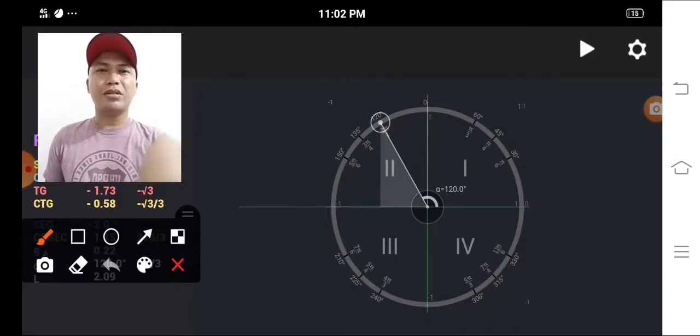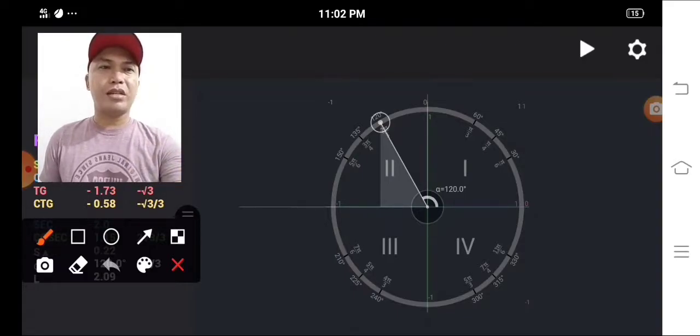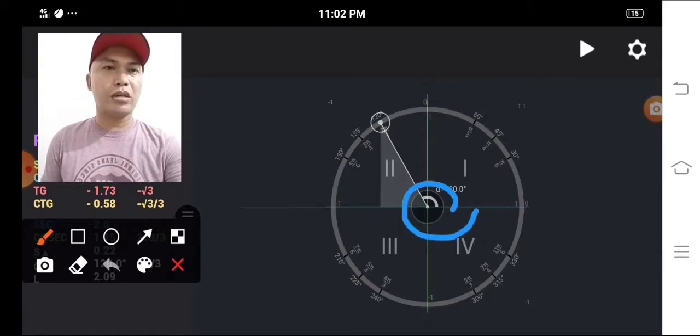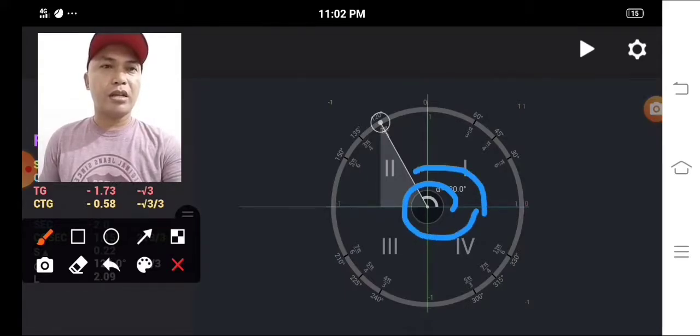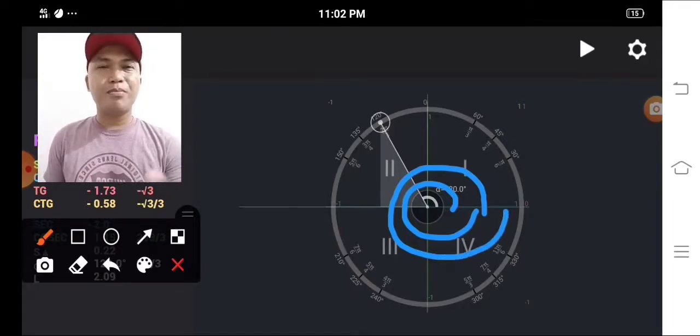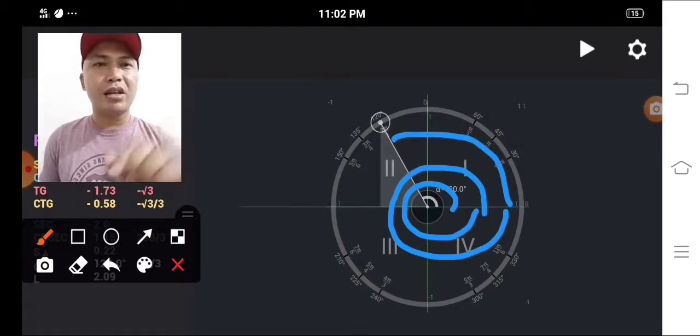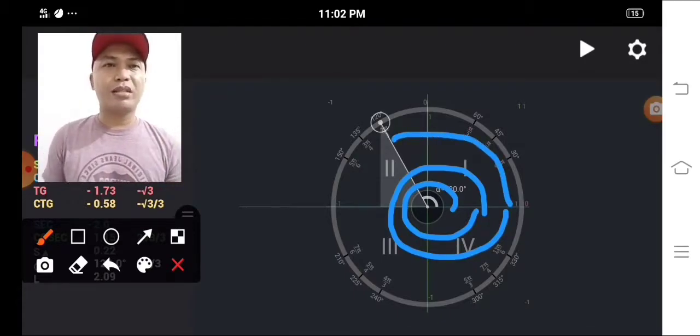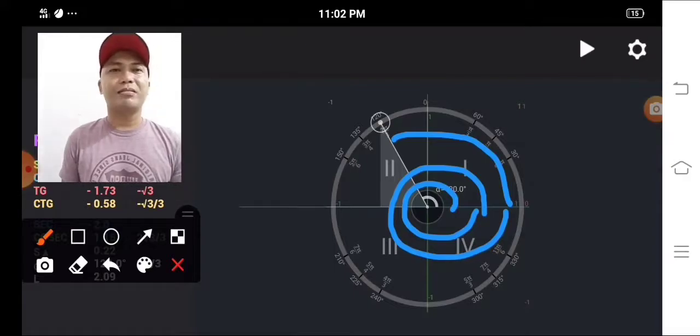So 2 turns, let's try to illustrate. One rotation is 1 turn. Another complete rotation is 720 degrees, plus 120 degrees. That is where your terminal side is located.